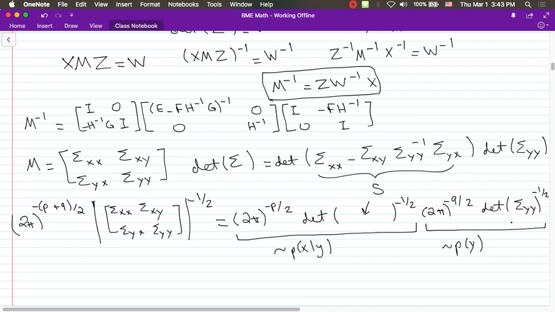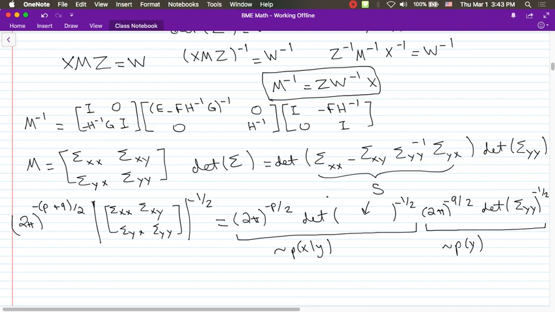I still don't have the exponential, but I have the normalization of that exponential term. So I have something that depends only on y, and I have the remainder, which must be that part of P of x given y. And here it has this determinant in it. It has a variance of xx and covariances, variance of y, and covariance of y of x. So that's my first step.